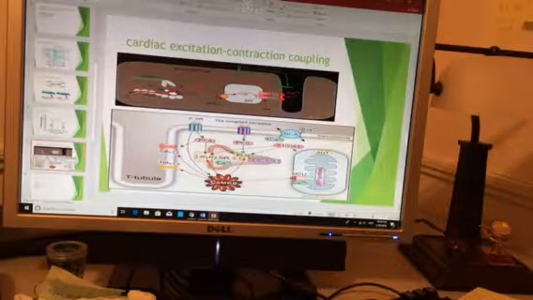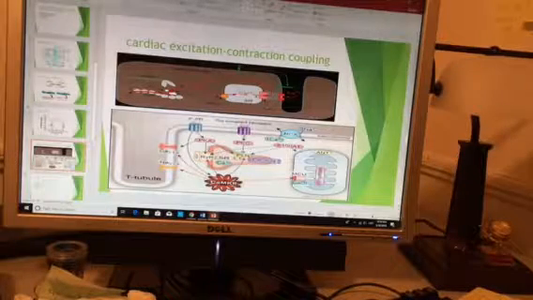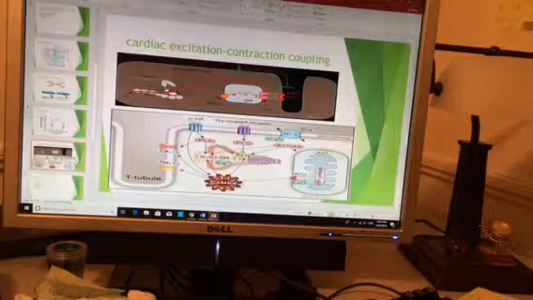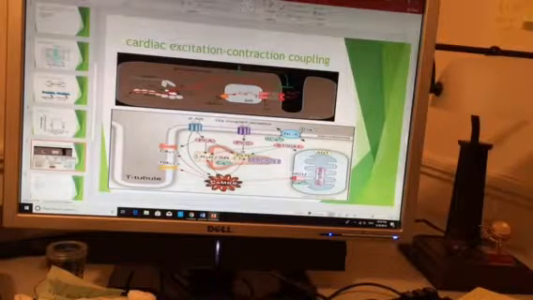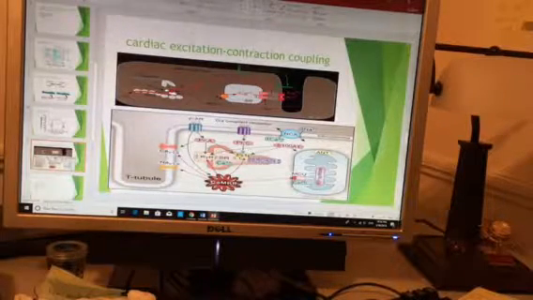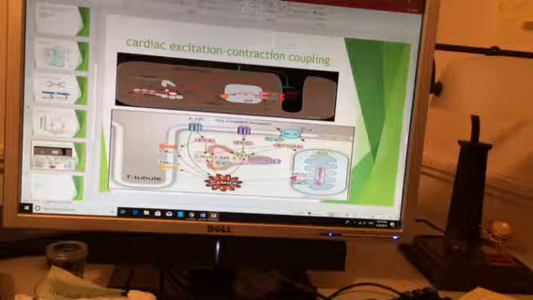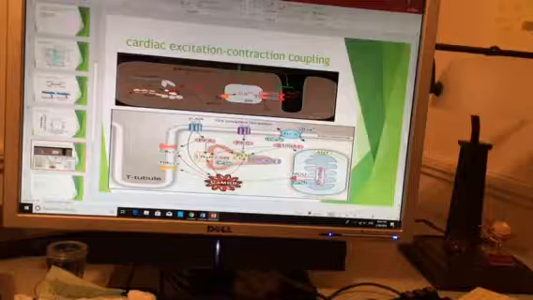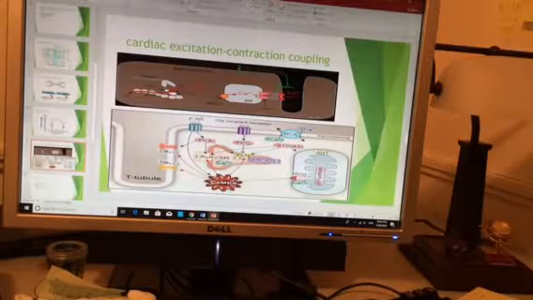An action potential travels along the sarcolemma and down into the transverse tubule, called the T-tubule system, depolarizing the cell membrane. The voltage sensitivity of the dihydropyridine receptor opens it to permit calcium entry into the cell during phase 2 of the action potential.